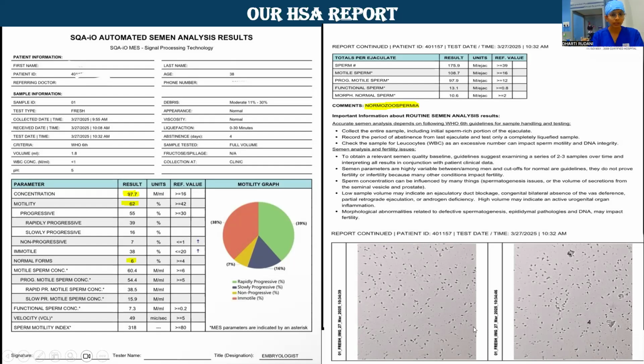Here are the WHO reference values and a marker section. We also have a pie chart generated from the values we enter. On the next page of our report, we can write a comment section giving an impression of the semen analysis, and we also have a few pictures of sperm from the slide.